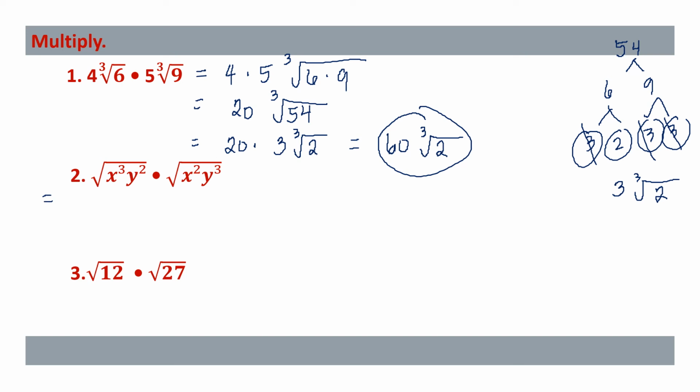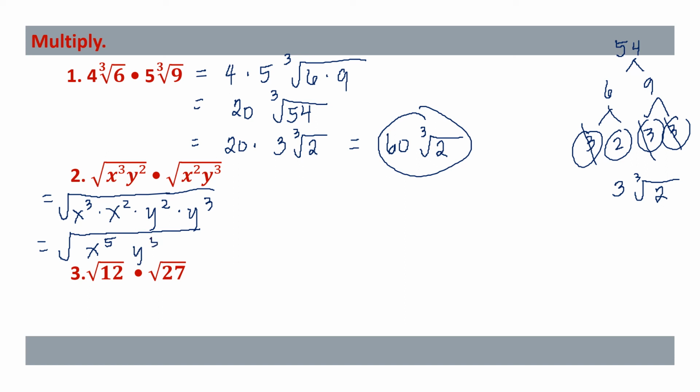Square root of x cubed y squared times square root of x squared y cubed. So we have x cubed times x squared times y squared times y cubed. Applying the laws of exponents, we have x raised to the fifth power times y raised to the fifth power.